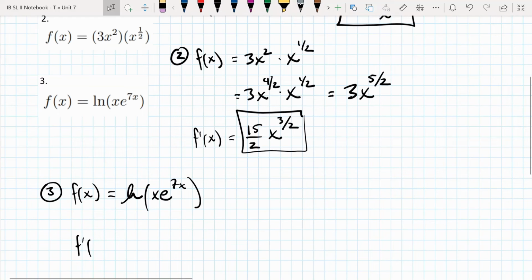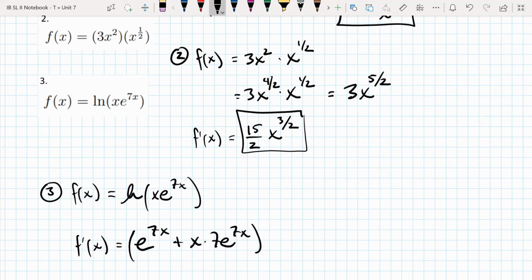So the derivative of this, let's start with the derivative of the inside, is e to the 7x plus, this is using the product rule, x times 7 e to the 7x.